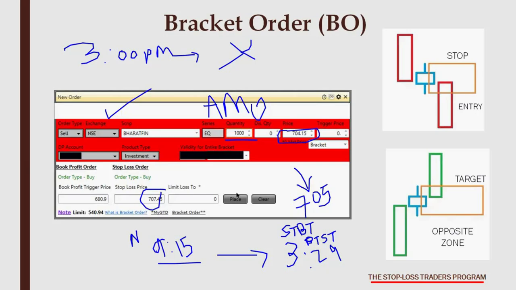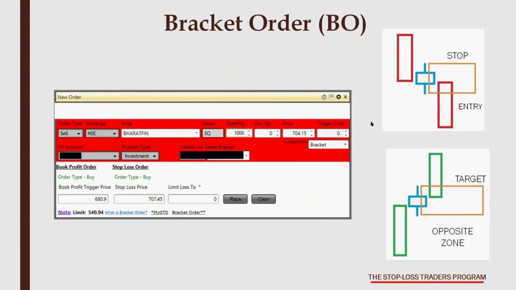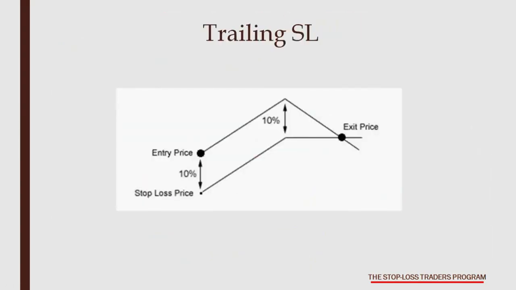So once the target is achieved, you cancel this cover order and you put the price of the target here and you put 0 in the trigger price. So once the price is hit, whichever price is in the market will execute. Yes, exactly, you got it right.